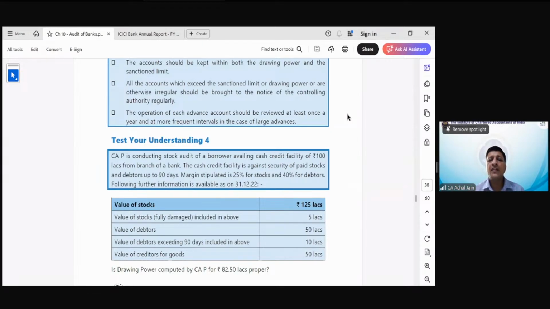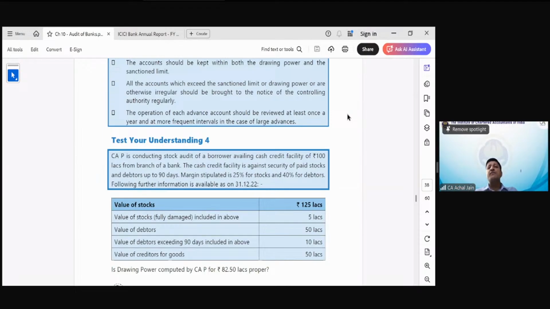The borrower is availing a cash credit facility of 100 lakhs from a branch of a bank. So it means there's a borrowing of 100 lakhs. Correct? The cash credit facility is against security of paid stocks and debtors up to 90 days.